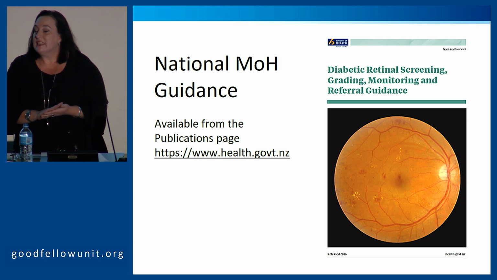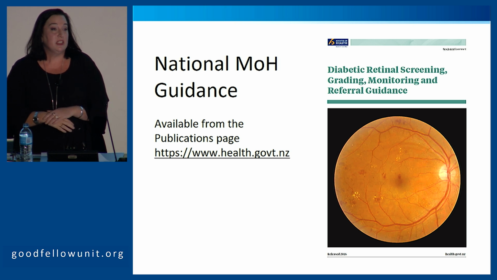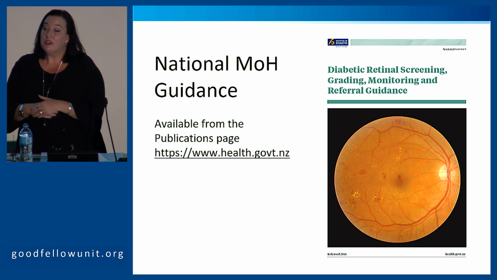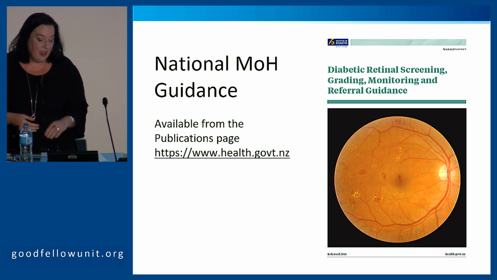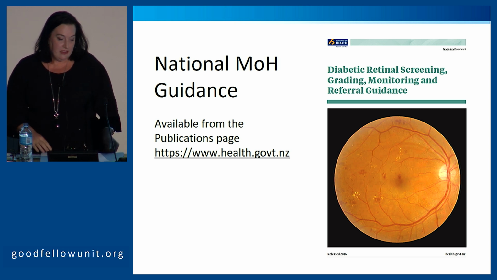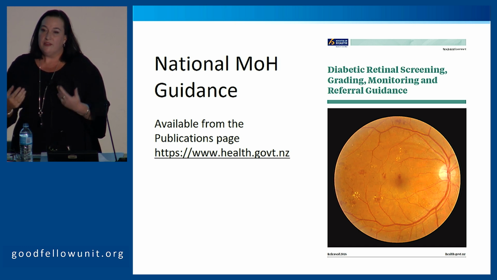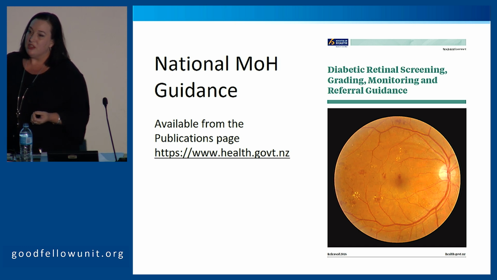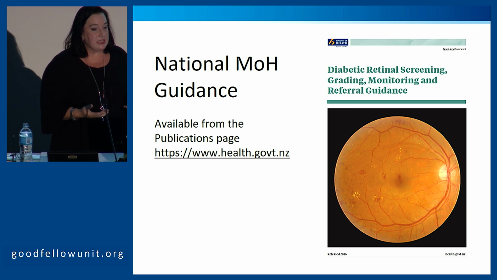In 2016, the ministry released another set of guidance documents for us. They were originally generated in 2006, and in here it gives a framework for DHBs and how they deliver services. The most important thing in here is that the expectation is that services have a similar framework wherever you are in New Zealand. We grade the same, we recall our patients the same way.